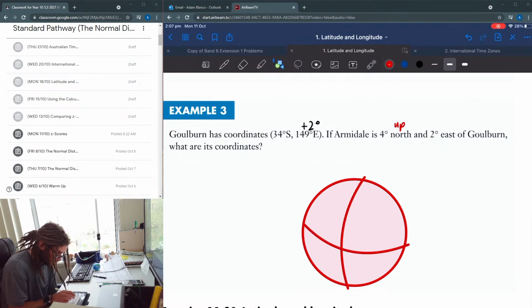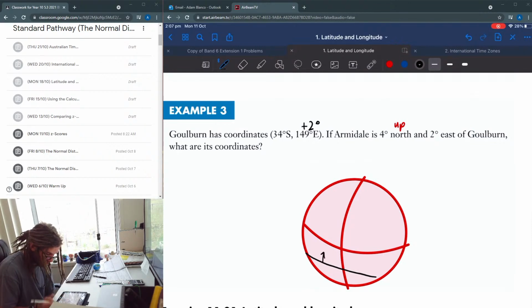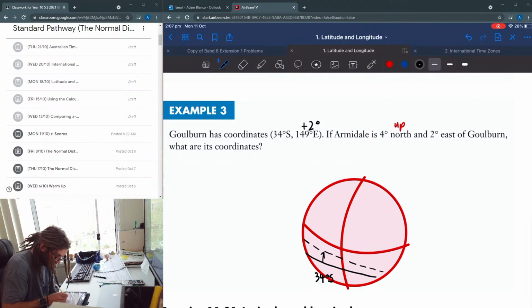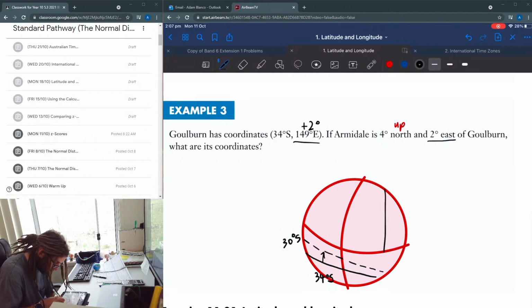Okay, 34 degrees south, that's down here. If I want to go north, I need to go up, so I'm going in a negative south direction, if that makes sense. So 34 degrees south, if I then go up here, I'll be less south, so I'll actually be 30 degrees south. And then if I want to go 2 degrees east, 149 is going to be like here maybe.